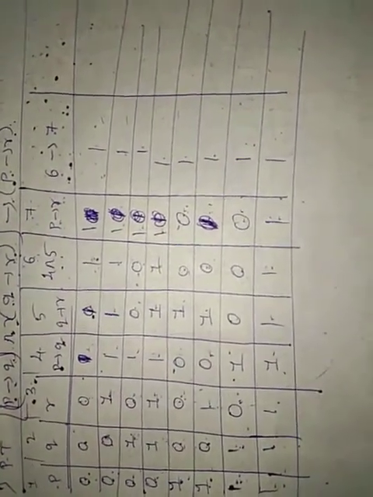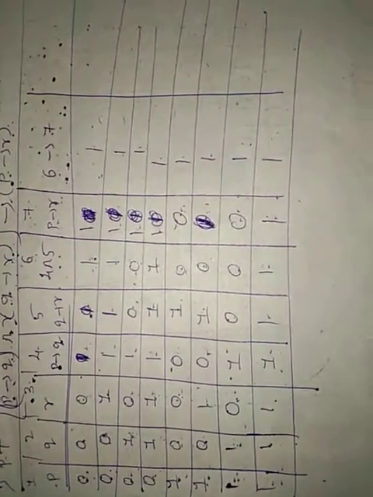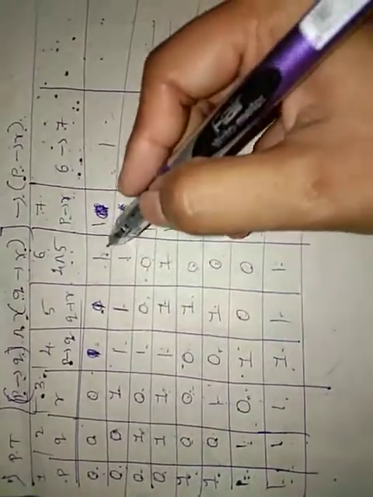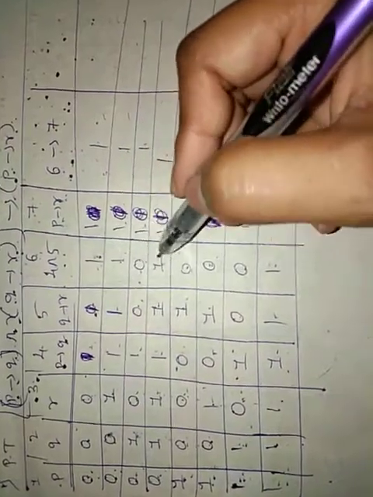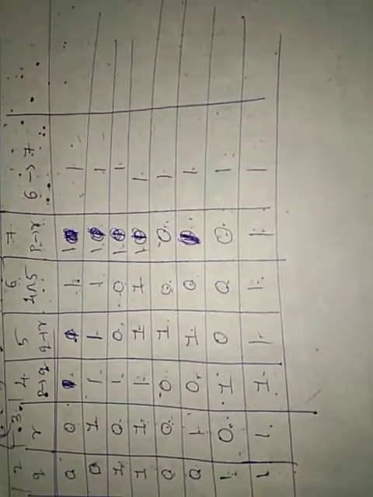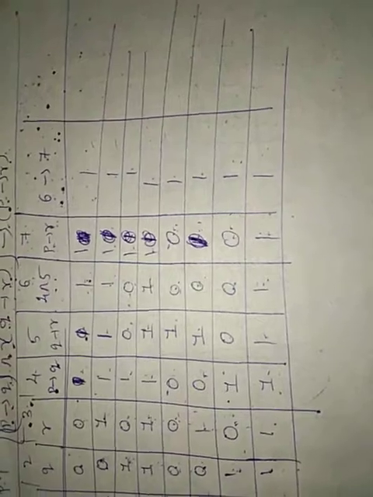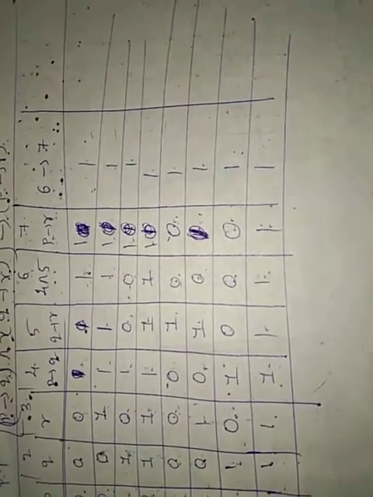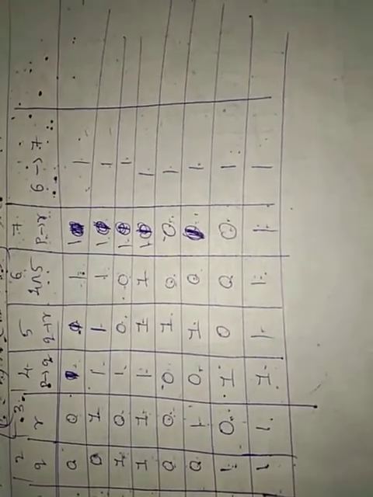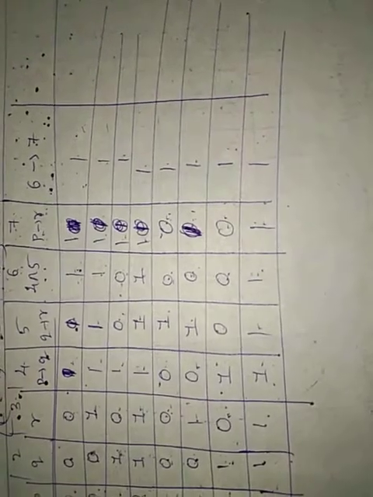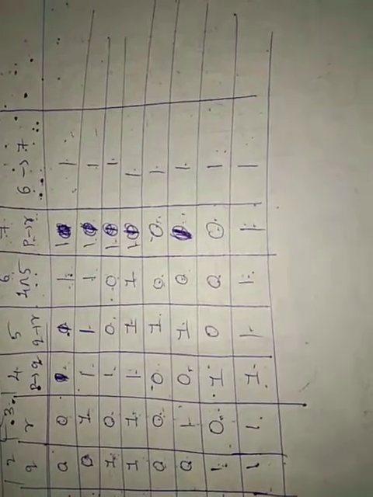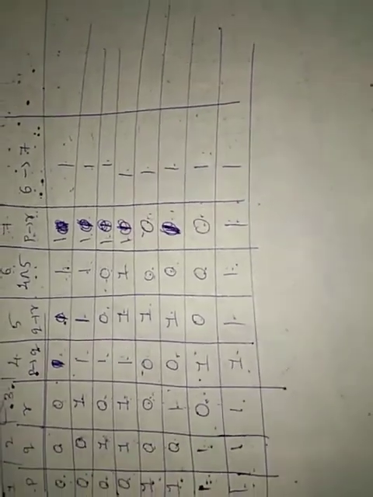Contingency is a compound proposition in which true and false are both mixed together. So tautology means all values are true, contradiction means all values are false, and contingency means both true and false are mixed together.